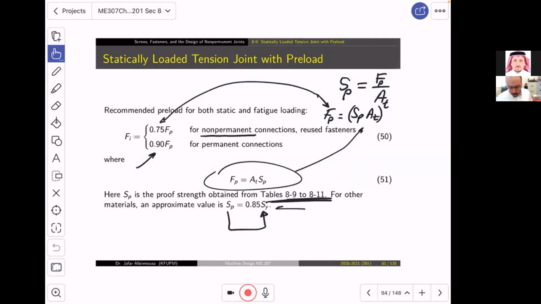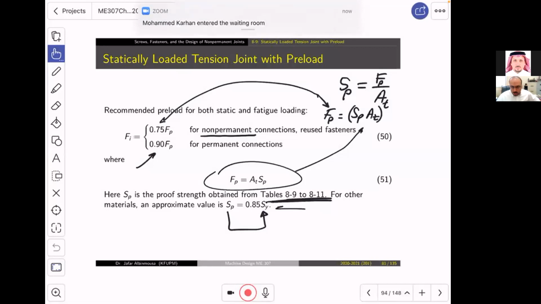Let's get started with the lecture. Today we are going to discuss the static problem, because ultimately, ya shabab, we want to deal with bolted joints under static loading and under cyclic loading. So today we will solve one problem about static loading and start talking about fatigue loading.